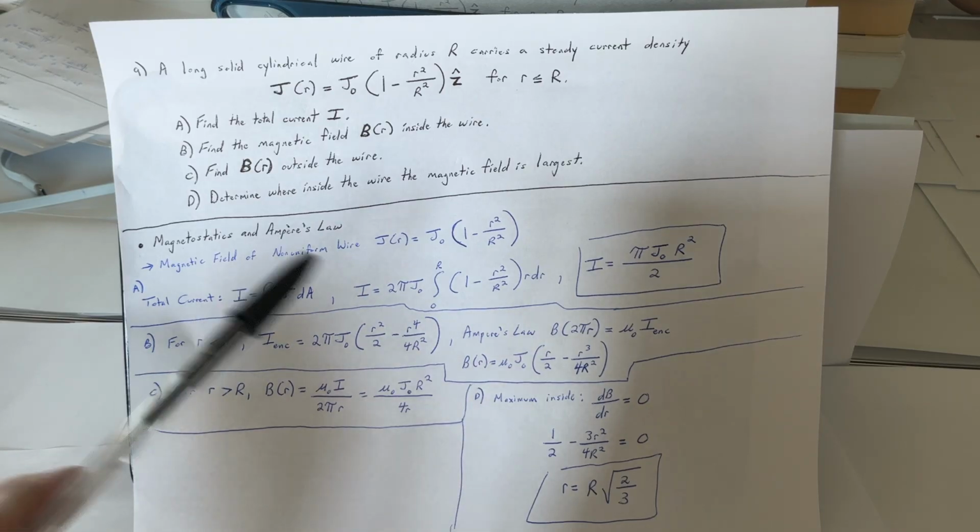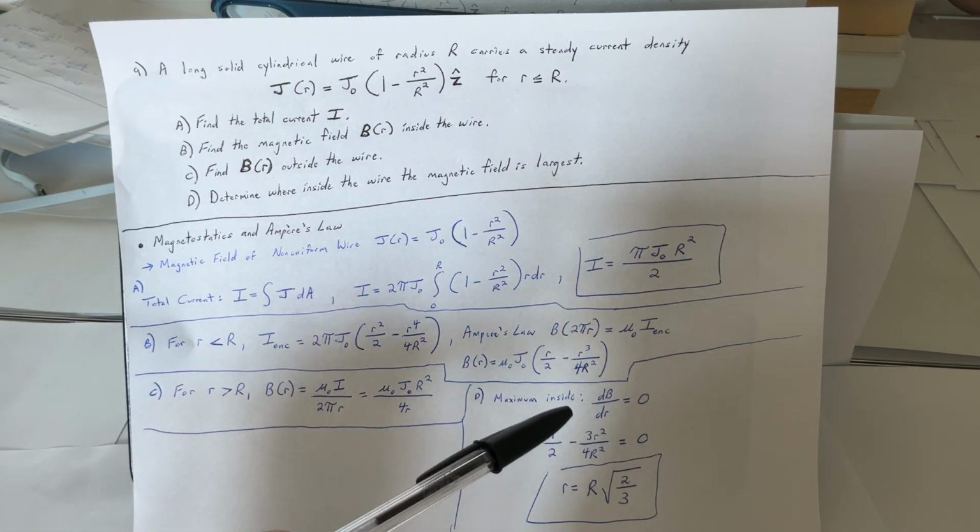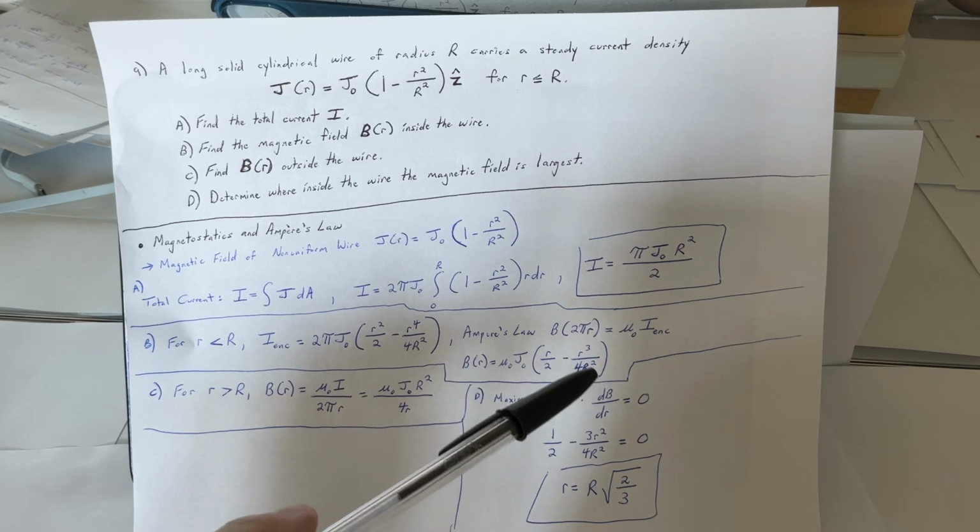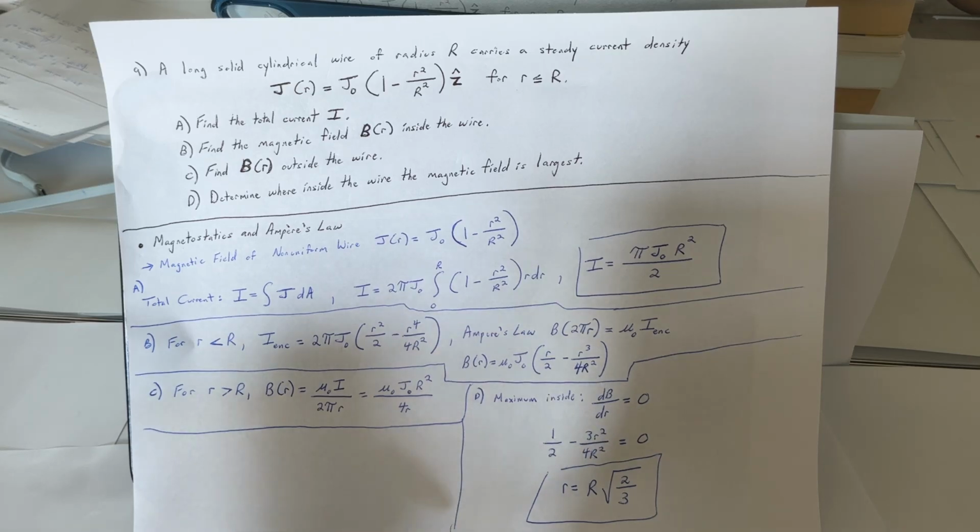For the maximum inside, I take the derivative of B with respect to r and set it equal to 0: 1/2 minus 3r squared over 4 capital R squared equals 0. Solving for lowercase r, r equals capital R times the square root of 2 over 3. Okay, so that's number 9.